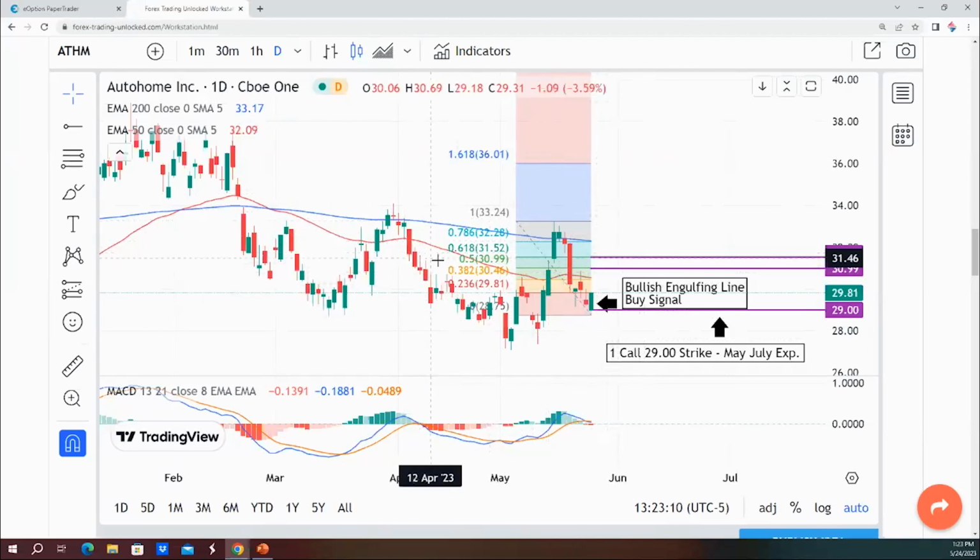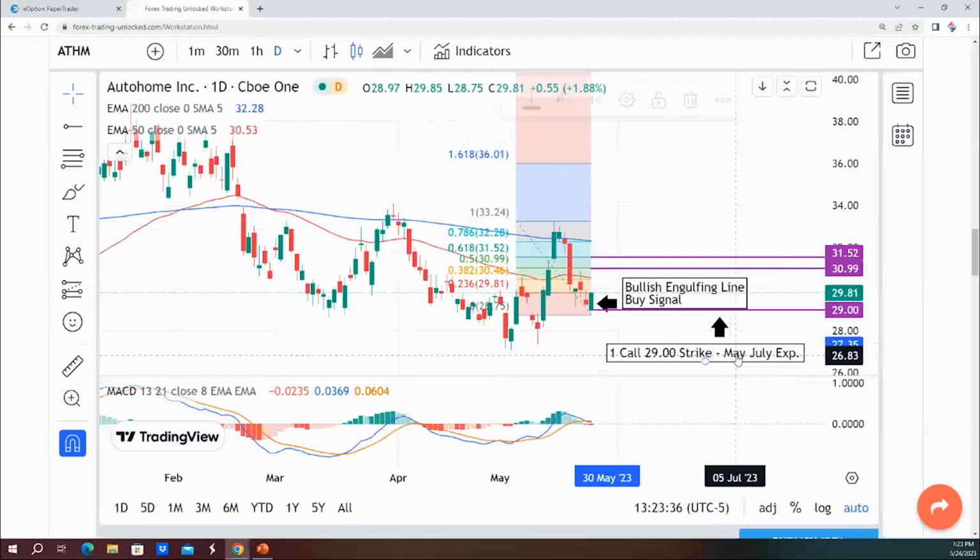We have the smaller one, which is the 50, and then we have the 200, which is the larger one. So originally, this market's been falling off of the 200-day moving average. This time, however, if we can get it up into this target zone here, it'll be back above the 50, and then also has a chance to poke above this 200 again. So there's a nice little amount of room for profit on this, on the $29 strike price with the July.